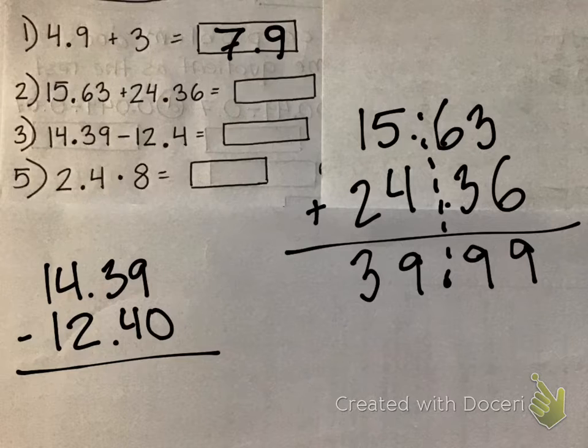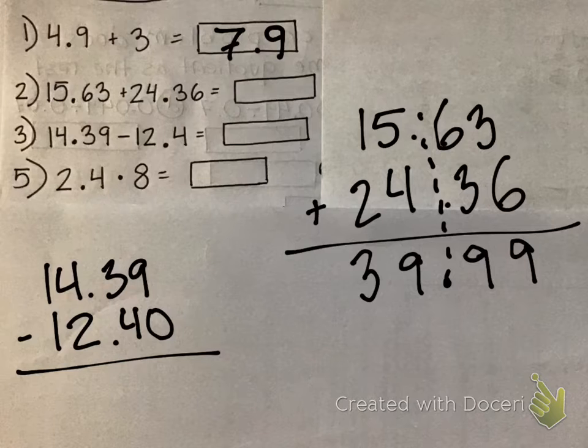Okay, Alinza, what about the second one? Technically number 3. So we have to regroup with this bottom one because 0.39 cannot subtract 0.4. So we turn this into a 10. So we turn this into a 2. 10 minus 0. Oops, never mind. We did that one fine.